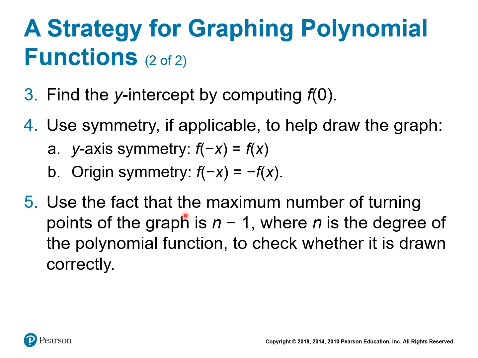Finally, use the fact that the maximum number of turning points of the graph is n minus 1, n being the degree of the polynomial function, to check whether it is drawn correctly or not. So by following these steps, we should be able to graph a polynomial function fairly quickly and easily.